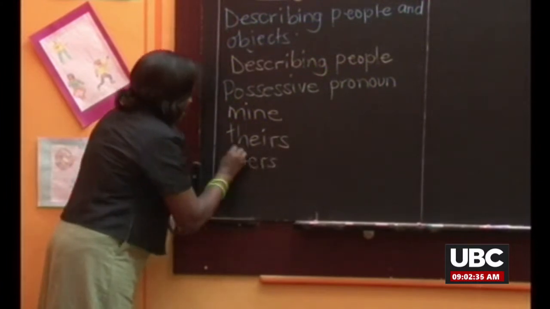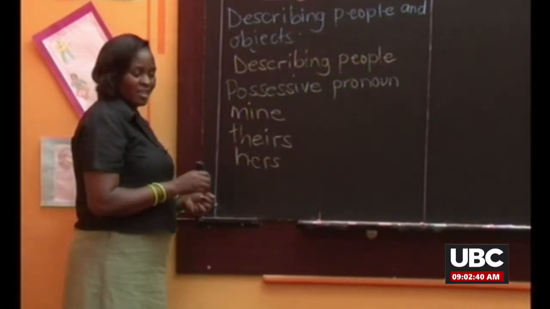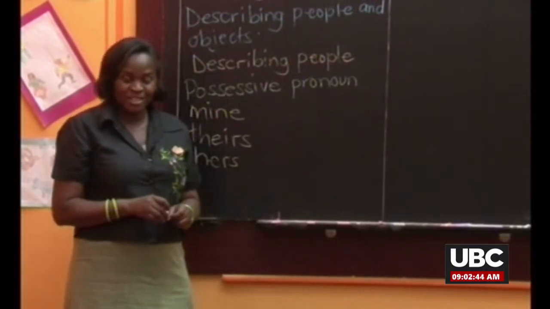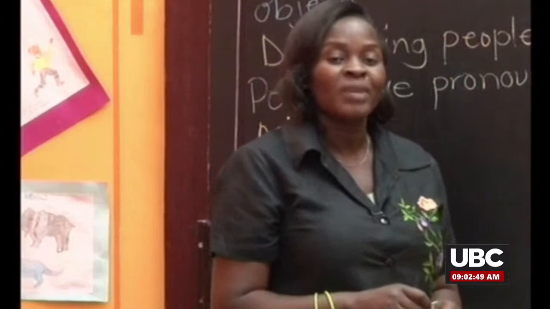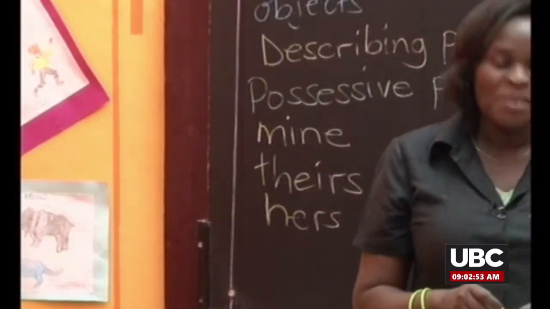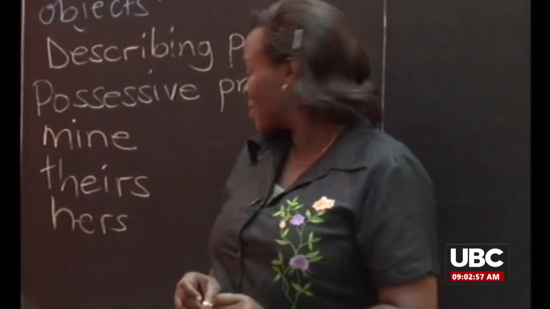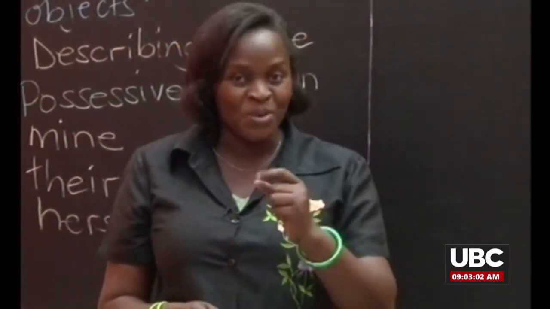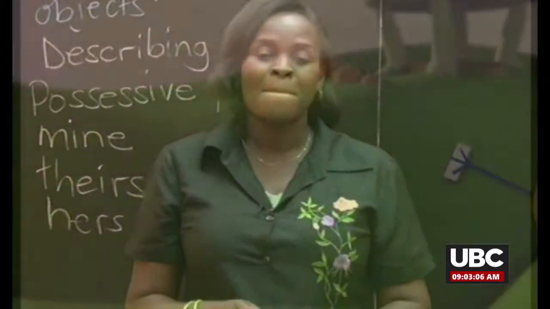It is hers because it belongs to her. That's okay. Let's get our next possessive case. But before we bring the fourth one, let's go for a short break. We shall come back and we'll continue with our possessive pronoun words.